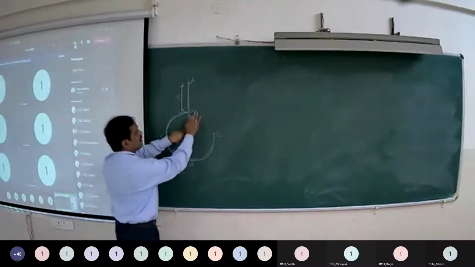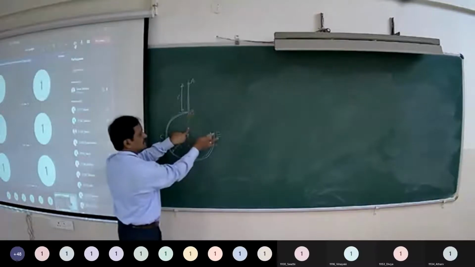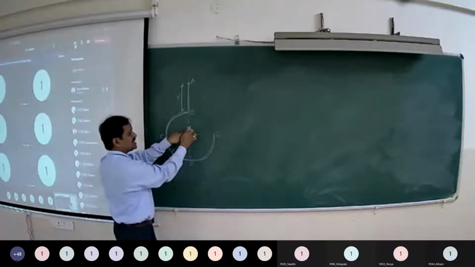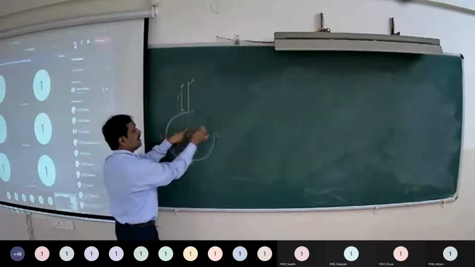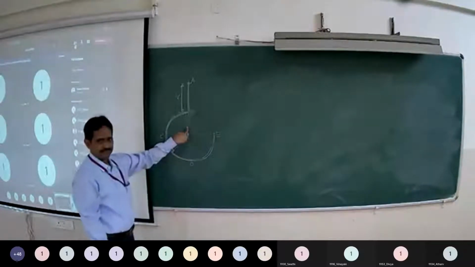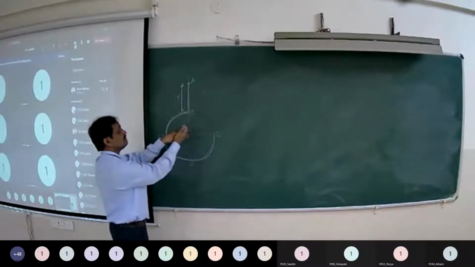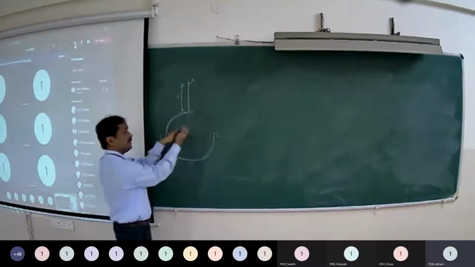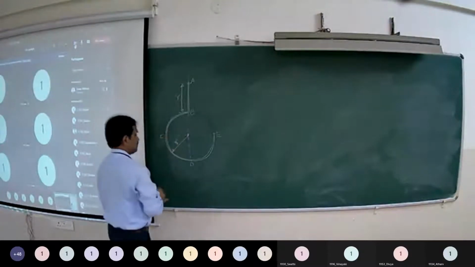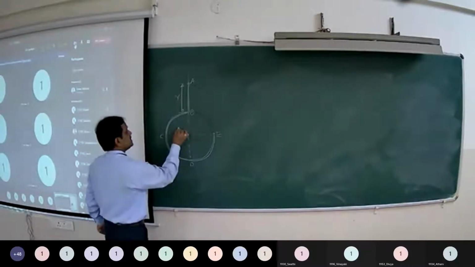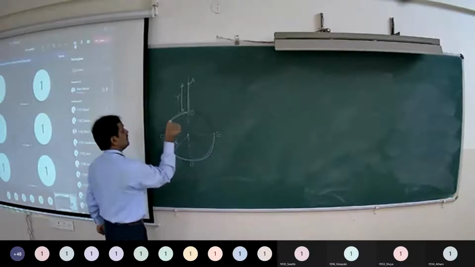But now you have removed this portion BE, then the center of gravity will shift towards left. Away from the deduction, right? Say this is the position of center of gravity.